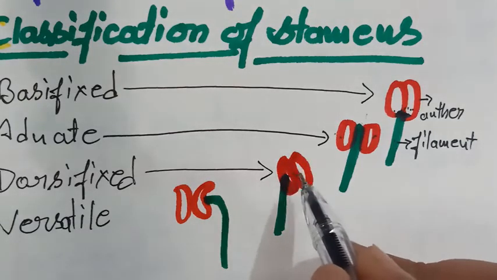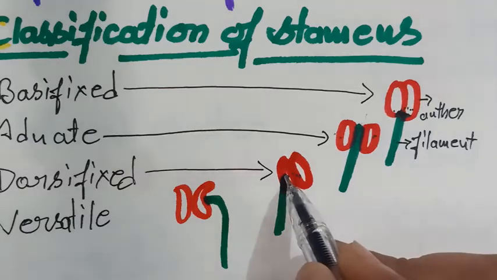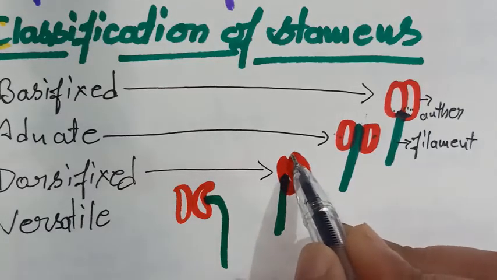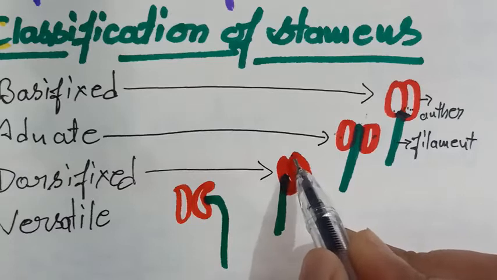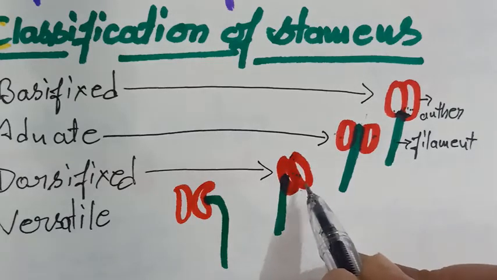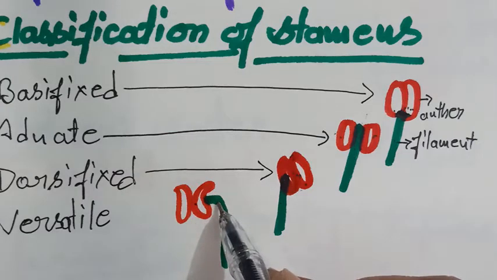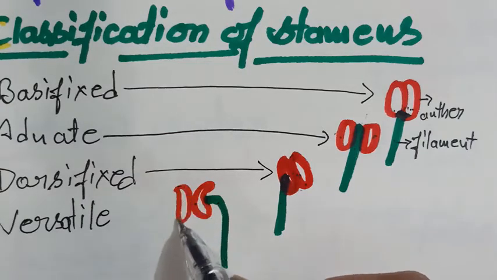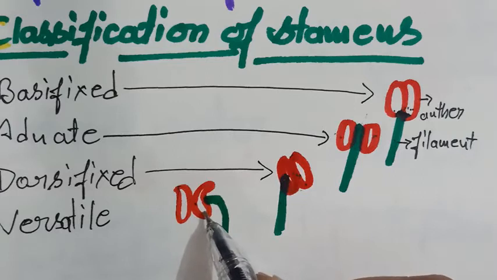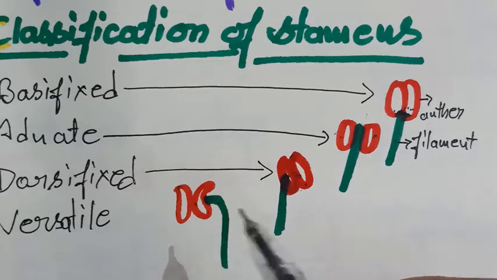Like in this, the filament is also attached to the back, but they are closely packed, whereas in versatile, again the filament is attached to their back, but the anther lobes are swinging. Example of this is grasses and paddy, etc.